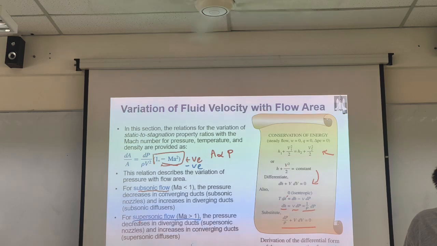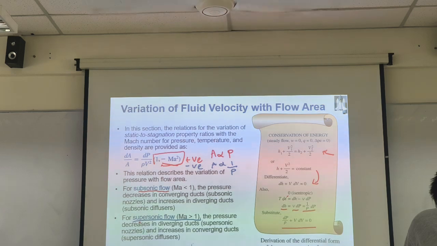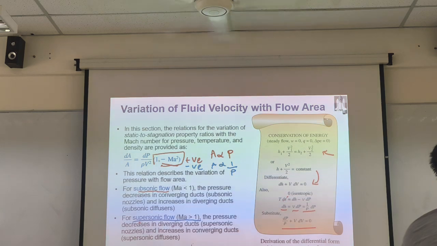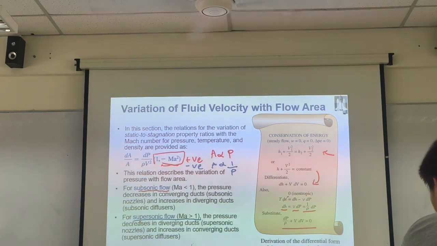This 1 minus Mach squared term is negative, so they are the other way around. This is also the whole reason why you cannot achieve supersonic flow if you only have a convergent nozzle.